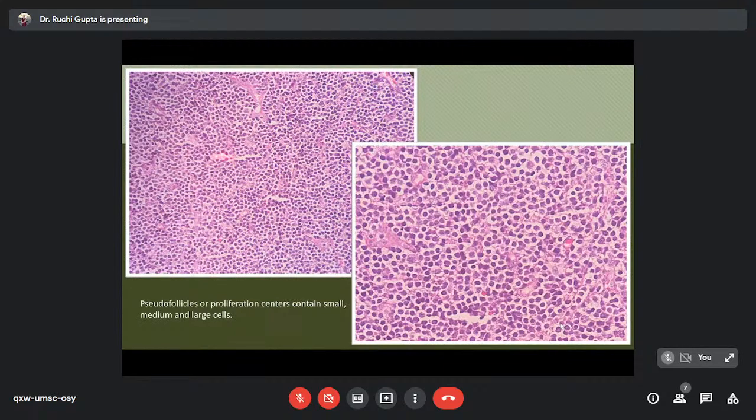A effaced architecture, small cells, no mitosis. The pseudofollicles or the proliferation centers are paler areas with larger cells, and they are supposed to be the areas where there is maximum interaction with the tumor microenvironment.